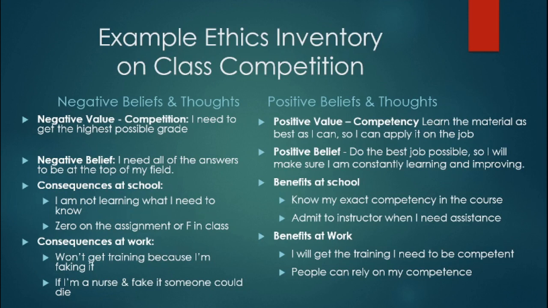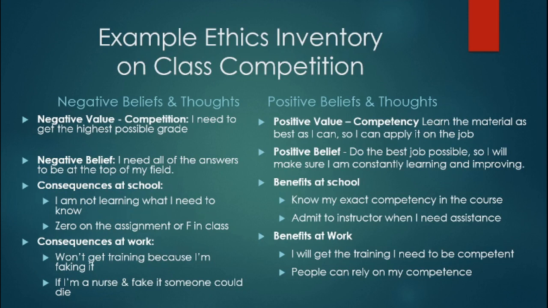Then there's the positive value, and the positive value, the polar opposite of competition, is competency. And that is I learn the material as best I can so I can apply it on the job. The positive belief is that I do the best job possible, so I will make sure I am constantly learning and improving.